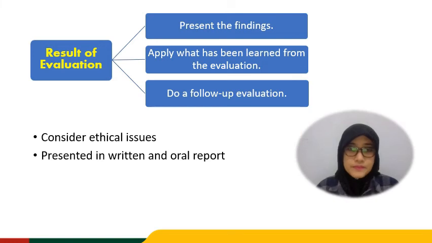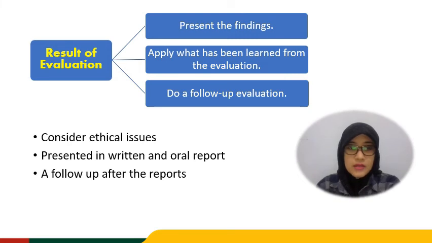So maybe an example of an oral report on evaluation is when people have a regular meeting, weekly or yearly, in a department where all the evaluation is shared with staff and teachers.